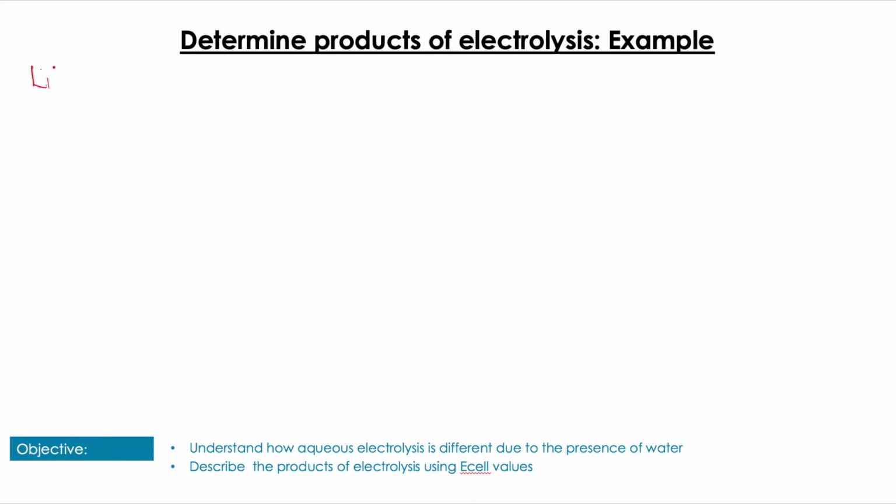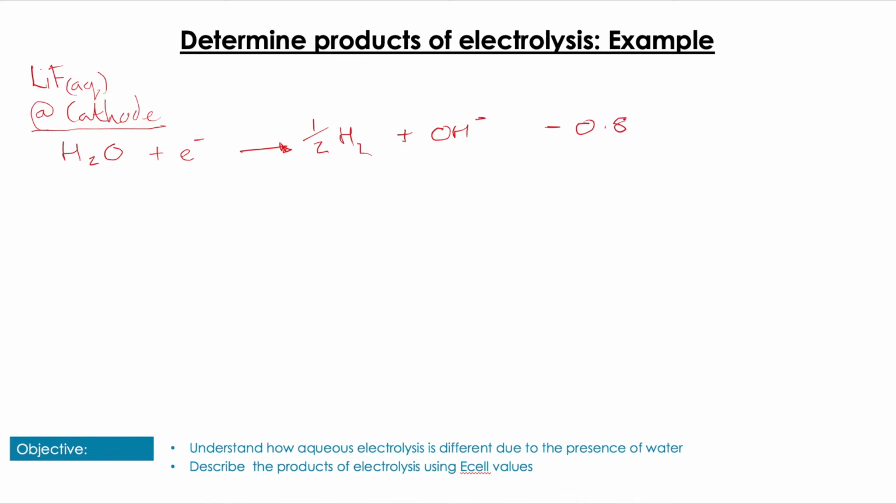Let's take lithium fluoride, and so at the cathode we're going to have the reduction of water. So we're going to have water forming H2 plus OH minus, which is going to have negative 0.83, and that's always going to be the reaction that's competing at the cathode in aqueous solutions. And we've also got lithium, which is also looking to be reduced.